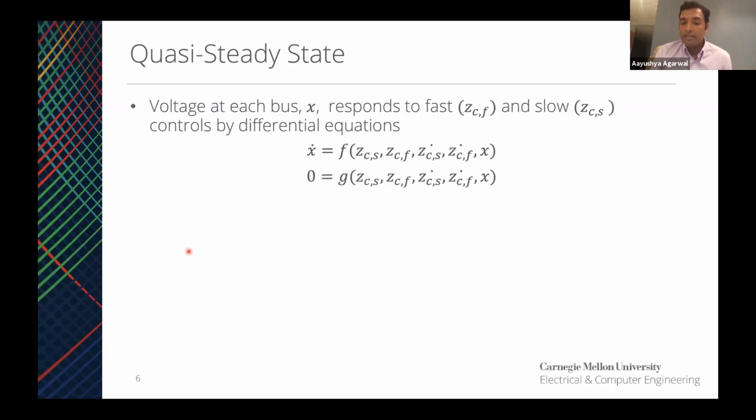But you can see that with these fast and slow controls, let's assume some sort of window in which we assume the fast controls have reached steady state and the slow controls are stationary.